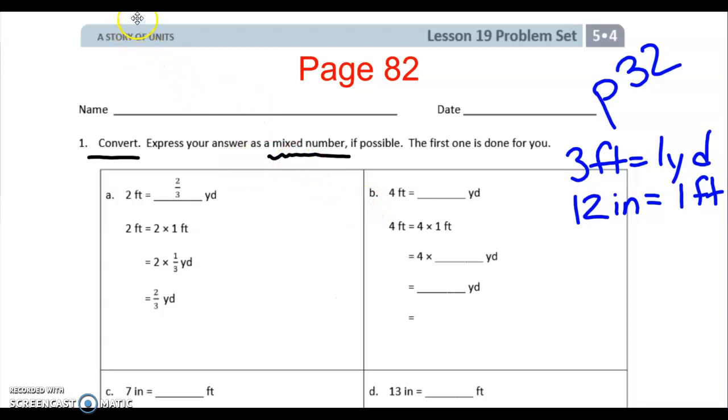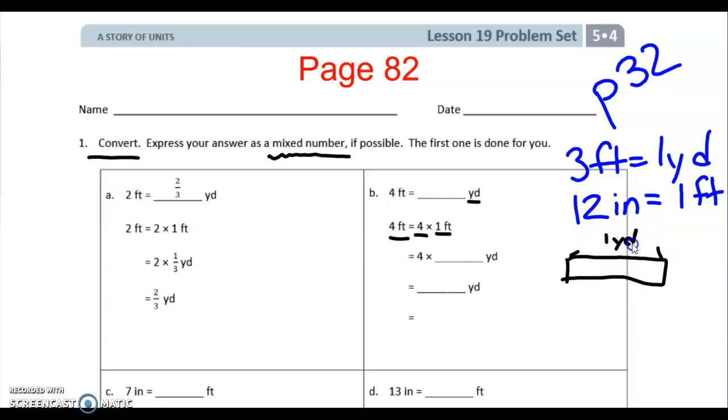I'm going to first notice that I have 4 feet and I want it into yards. But what I did is, or what they did, is to decompose this to have 4 holes and 1 foot. And if I drew a picture of that, I would show that in my work, I really have 1 yard.